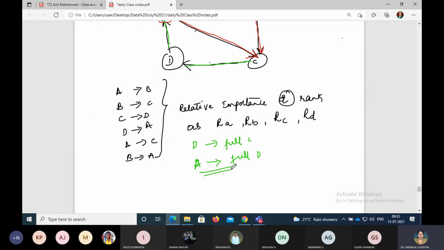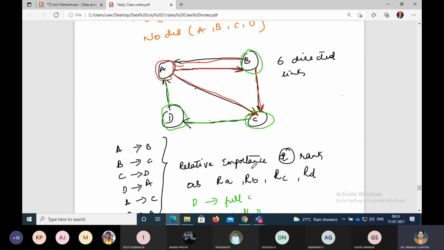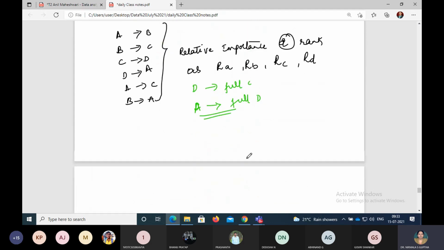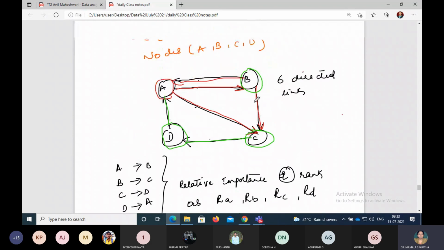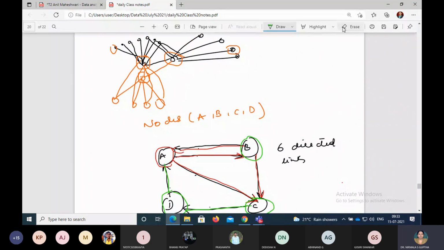Please understand here, A gets full influence of D and half influence of B.